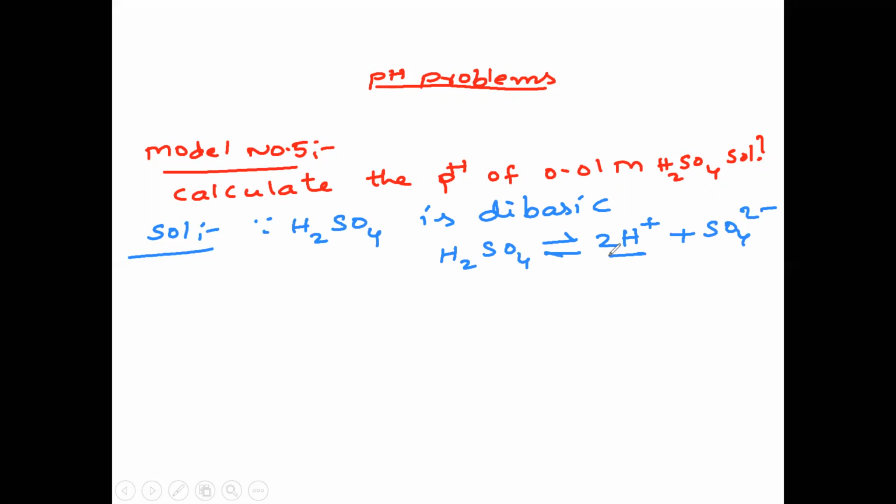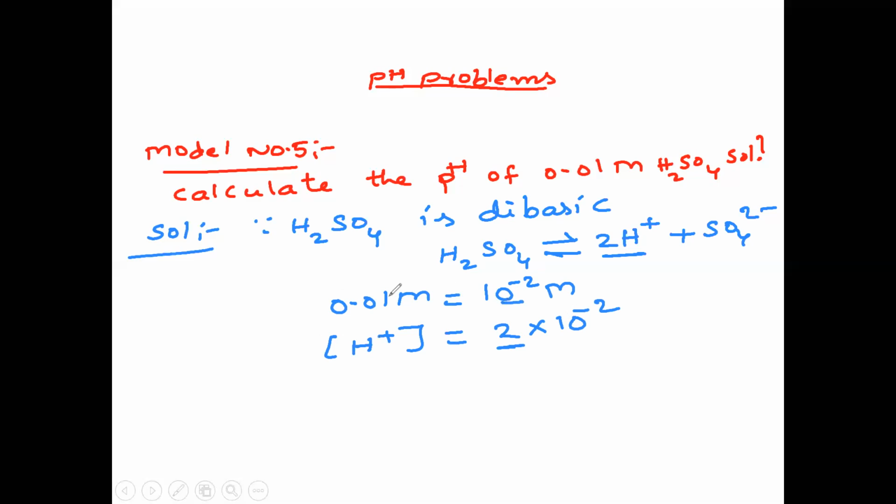So since it is dibasic, 0.01 molarity can be taken as 10 to the power of minus 2. And this becomes the concentration of H plus ion in solution is equal to 2 into 10 to the power of minus 2. Why have we taken 2 into 10 to the power of minus 2?